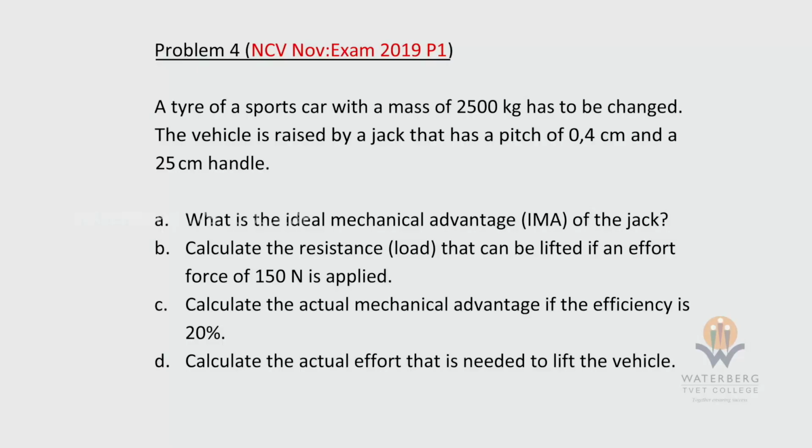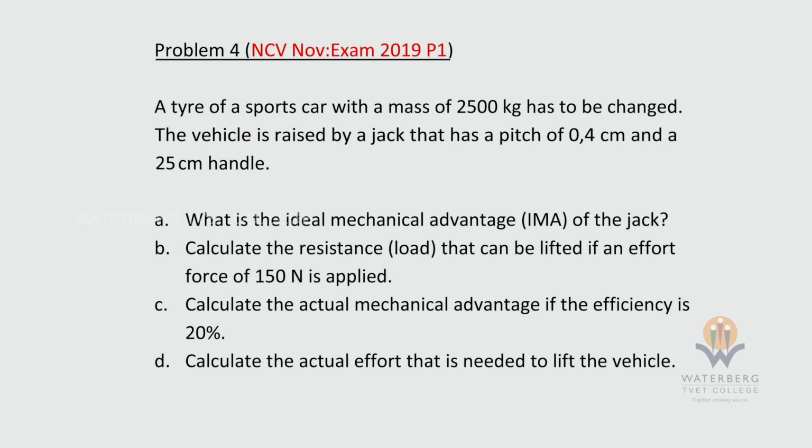Problem 4, which is NCV number 29, paper 1. The question is as follows. A tire of a sports car with a mass of 2500 kg has to be changed. The vehicle is raised by a jack that has a pitch of 0.4 cm and a 25 cm handle.